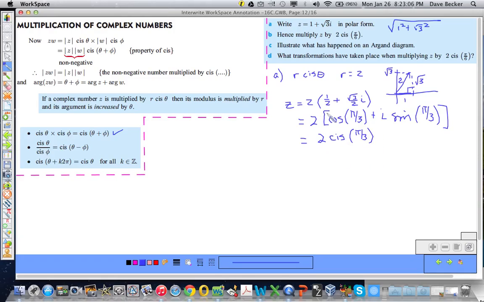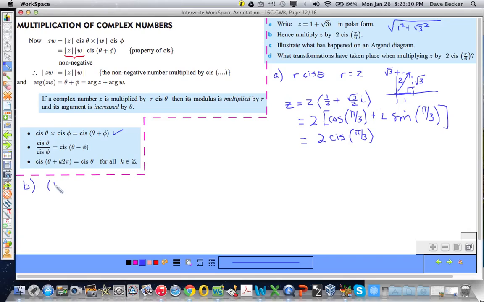Beautiful. Now I'm going to go to B all the way over here. Hence, multiply z by 2 cis pi over 6. So now we're just multiplying it to show that this is true. We're not really using any of this, we're just showing that this is true.